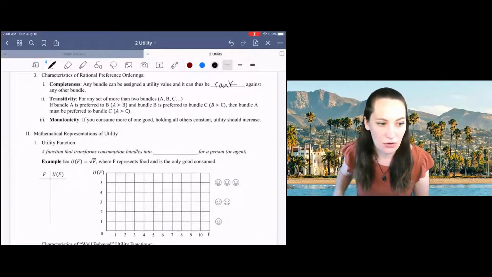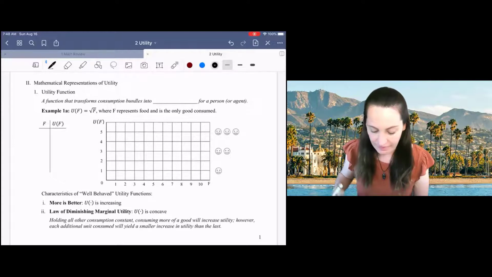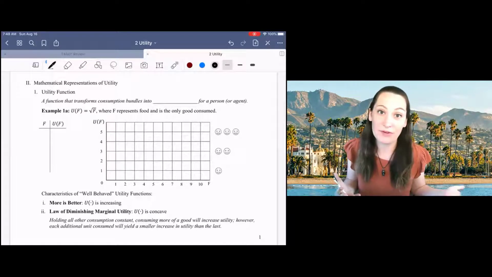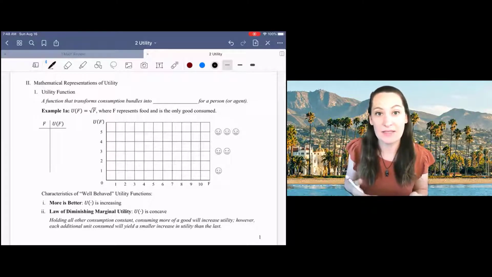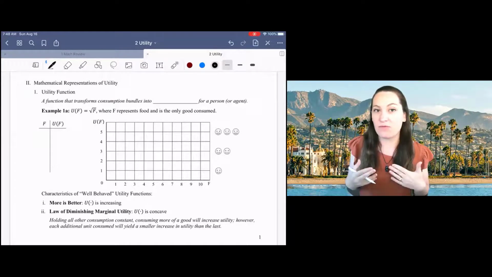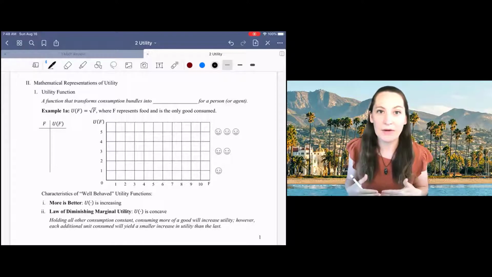Okay, so we're going to develop some mathematical functions to help us think about what preference orderings might look like for a consumer, and then the consequence of that for consumer choice, for consumer behavior. But to start, we want to think just very simply about how to describe utility functions.